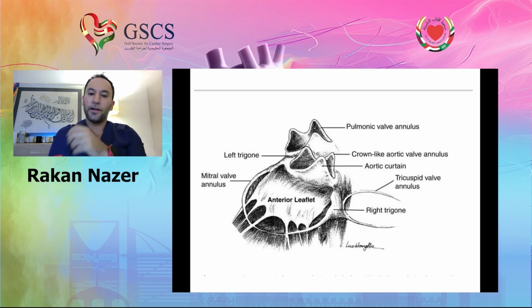This is called the central fibrous body, and we have the aortomitral continuity. Typically, mitral annular calcification involves the mitral annulus, the posterior mitral annulus to be exact.